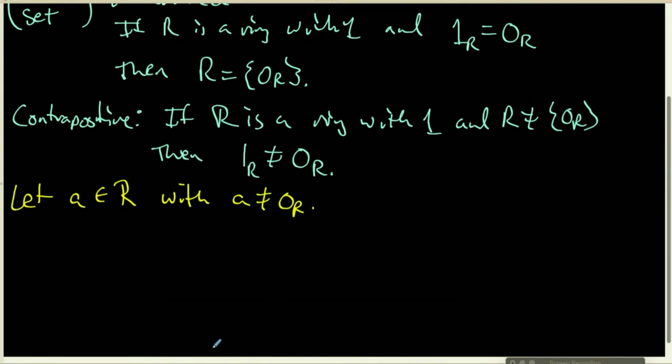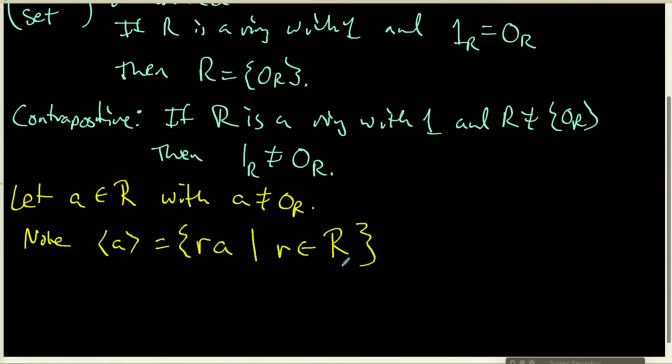And what I want to note is this. First of all, the principal ideal generated by A is, by definition, R times A, where R is ranging over all the elements of our ring. And of course, 1 is inside that ring of ours.